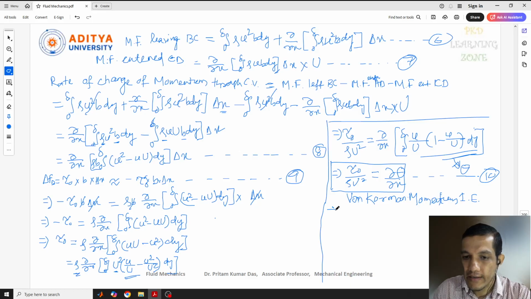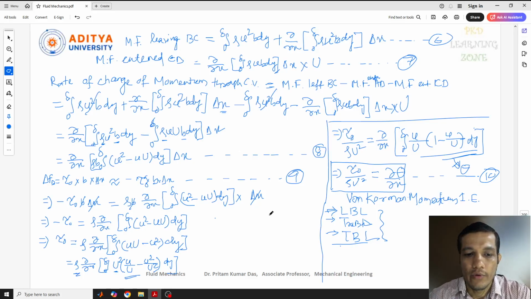We know we have the laminar boundary layer, so it can be applied there. Along with that, we have also seen the transition boundary layer and the turbulent boundary layer. These are the boundary layers where we can implement this equation. This is the total equation, the final one.